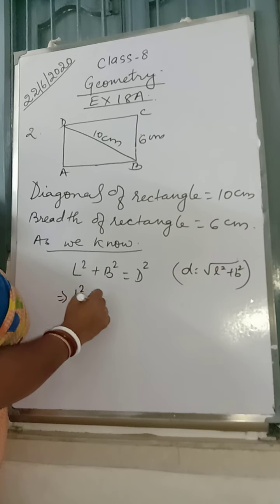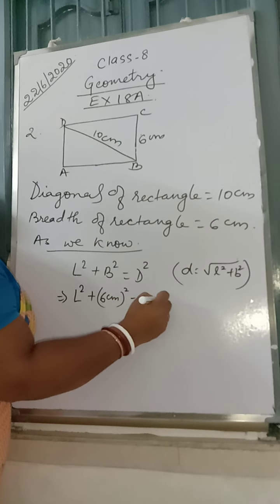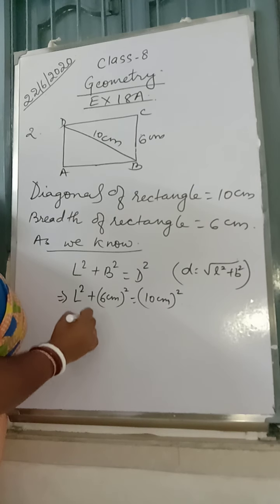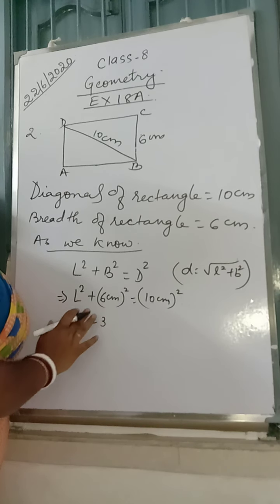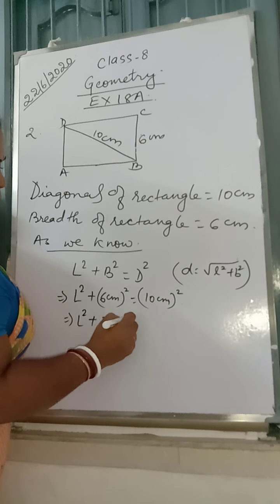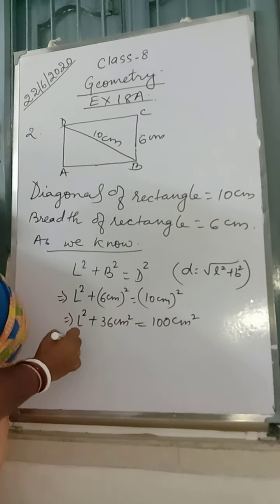Now here we didn't know L square. I am writing L square. B square is 6 centimeter whole square. D square is 10 centimeter whole square. Or it gives you L square plus 36 centimeter square is equal to 100 centimeter square.